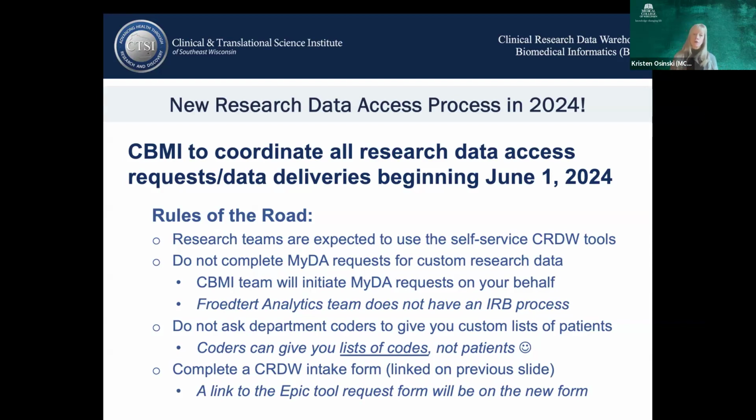Also, please don't go to your coders to get patients, but do enlist their help when you need lists of codes. They are really, really good at diagnosis and procedure coding. This does happen.